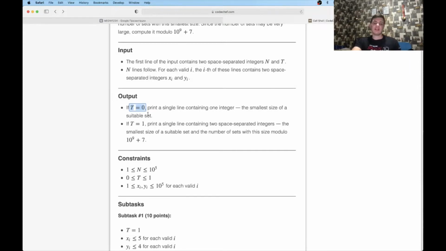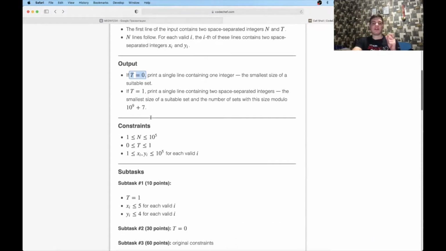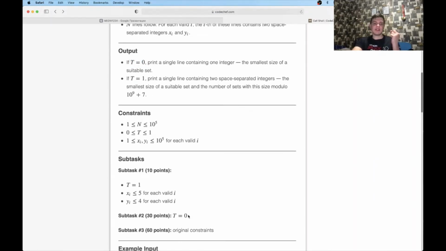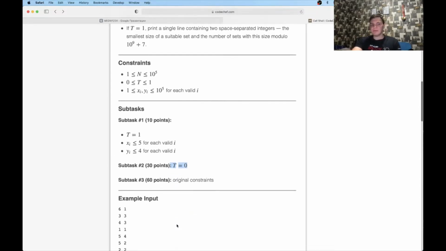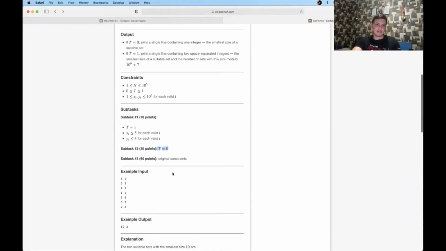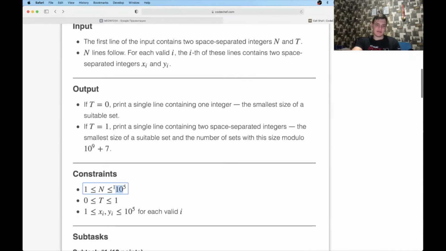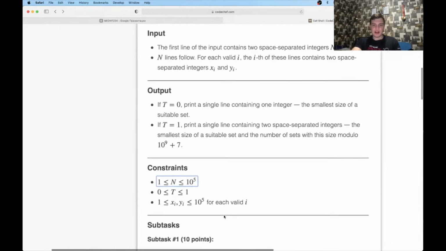For the other subtask, excluding the one with small constraints, you're only asked to find the minimal size and not the number of ways to create such a set. The constraints are 10 to the 5. And this is pretty much the problem. Now I'm going to go to the solution.